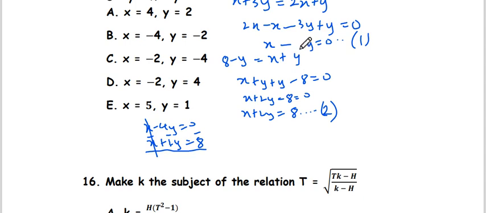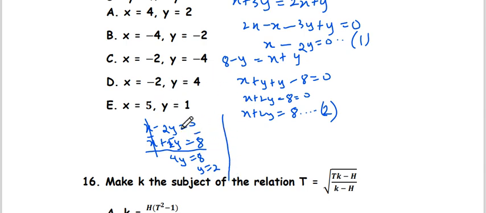So this is minus 2y. So when we subtract, we have 2y minus minus 2y, that's 4y, is equal to 8 minus 0, which is 8. So y is equal to 2.